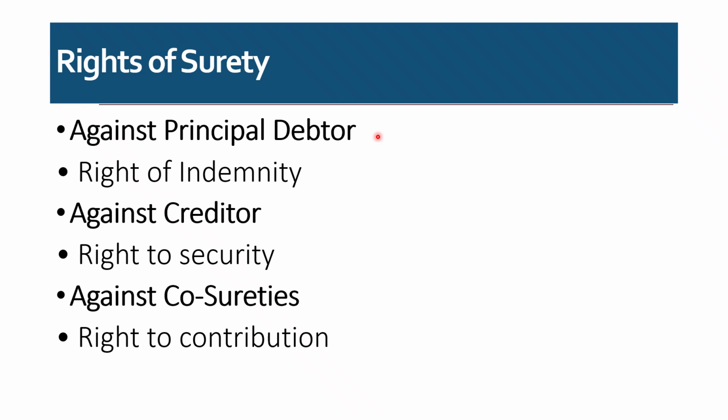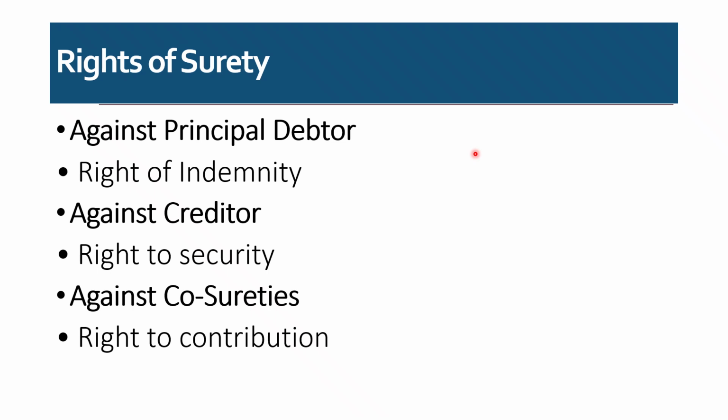The surety can recover from the debtor everything he had paid to the creditor. For example, when a father pays the son's defaulted loan, the father can recover the amount from the son. Or when your friend has to pay the loan that you could not pay, your friend has a right to recover that amount from you.